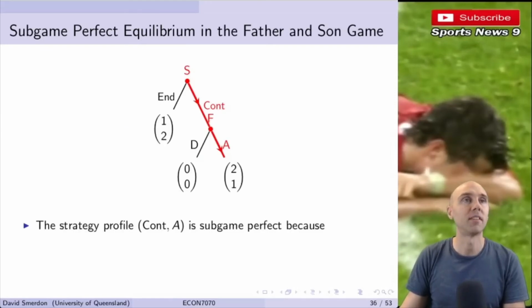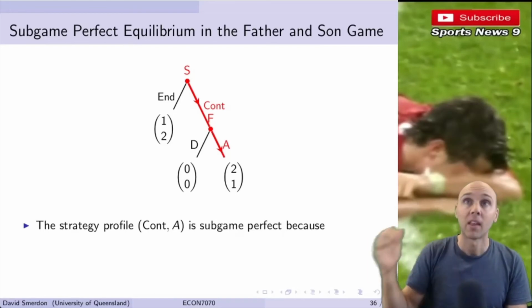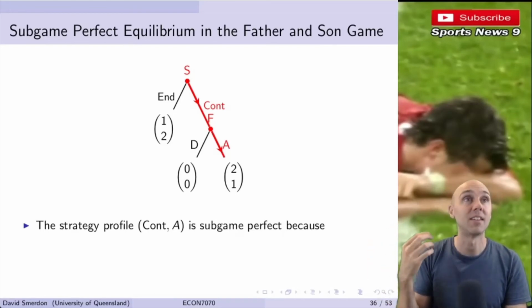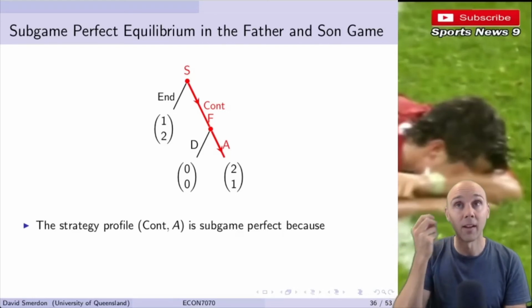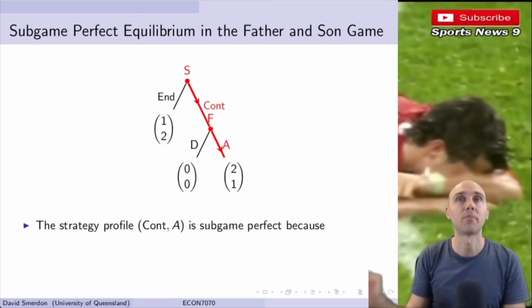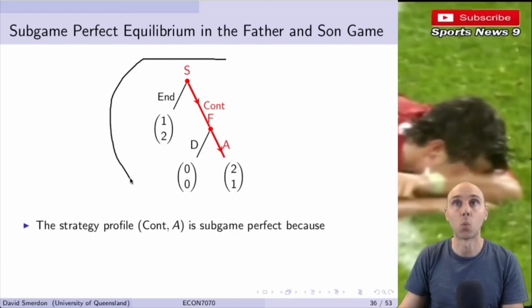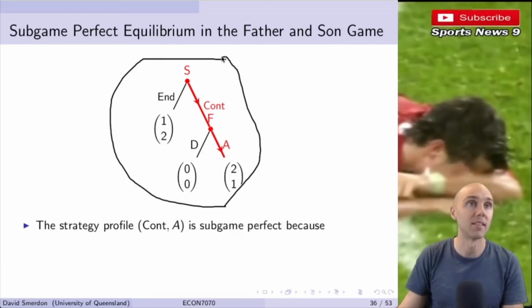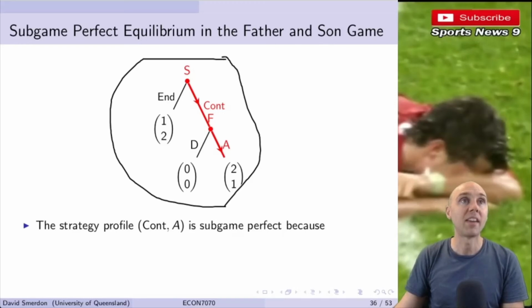So when we considered the father-son game, in which there were two Nash equilibria, if we look at the one where the son continues the relationship and the father accepts the relationship, so continue and A, that's subgame perfect, because in this game there are two subgames. The first is the whole game. I'll draw that here. So that's one subgame, because the whole game is always a subgame. And the second subgame is if we cut off the tree at the father's decision node.